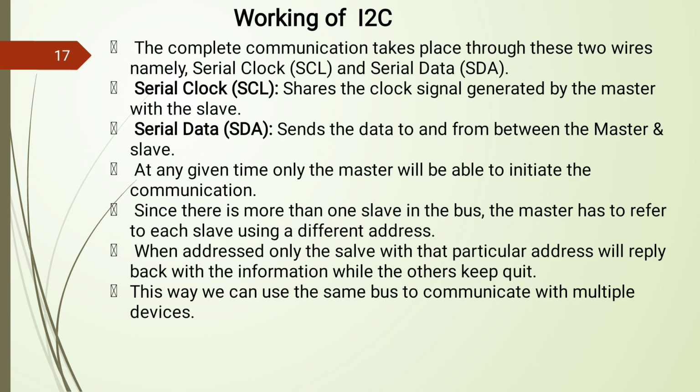According to that, the address is specified, and the master sends that address frame to all the slaves. Whose address is detected, that slave gives a reply or acknowledgement signal to the master, and according to that the master will initiate the communication with the required slave, and communication is established.